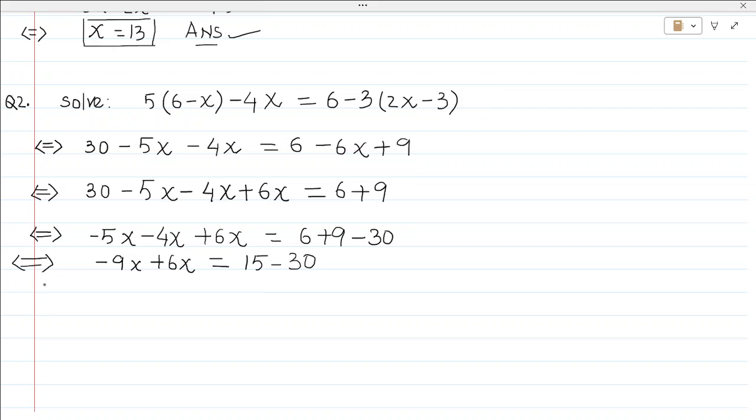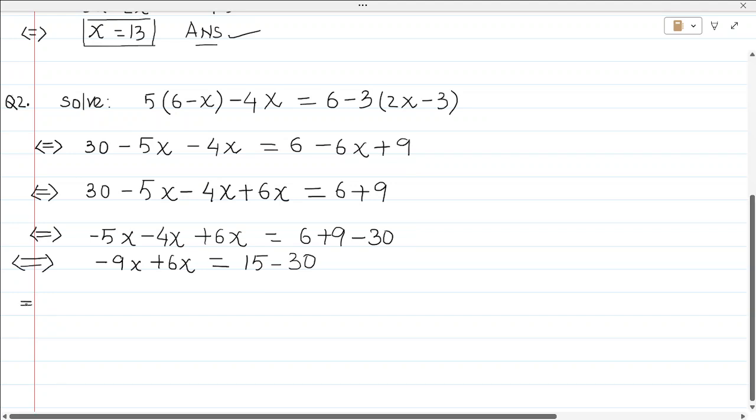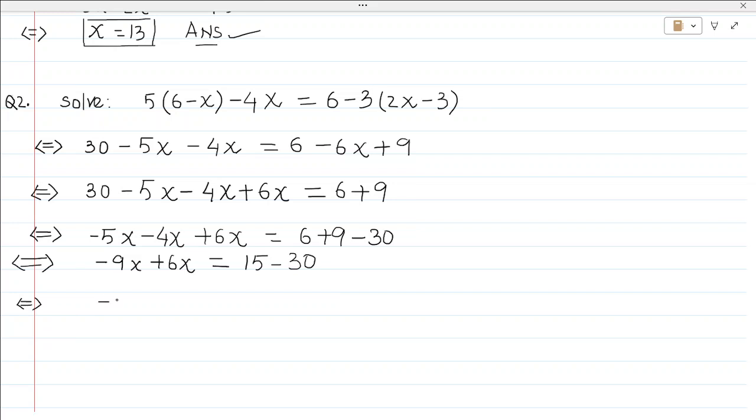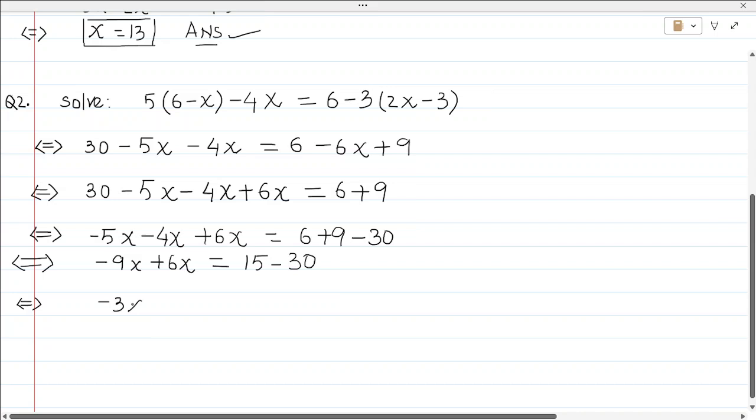Okay, now in our next line, solving this, minus 9x plus 6x, it will make minus 3x is equal to minus 15.